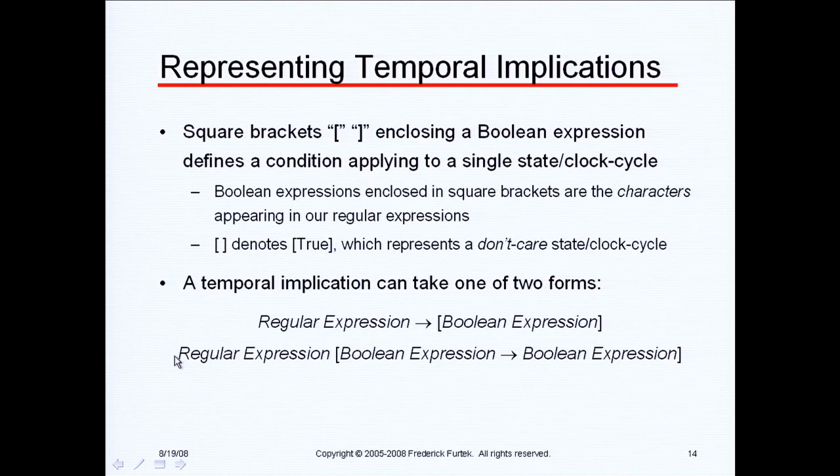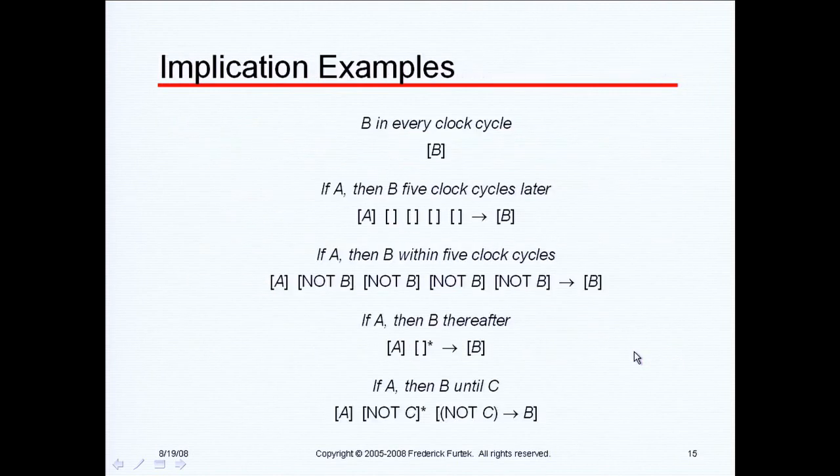In the second form, we're going to have a regular expression, and enclosed in the square brackets, a Boolean expression implying another Boolean expression. What this means is the pattern of behavior described by this regular expression, also including this Boolean expression within that square bracket, implies this second Boolean expression. Now I'll give you examples of that.